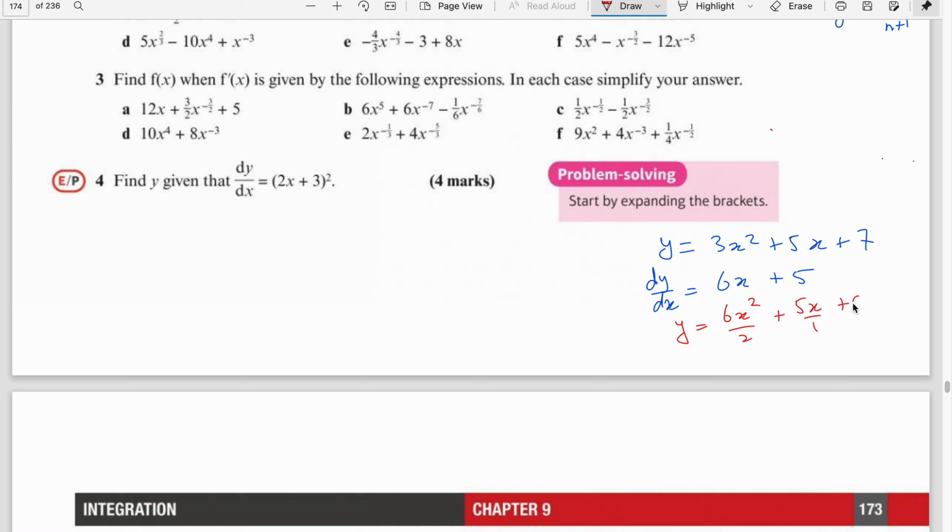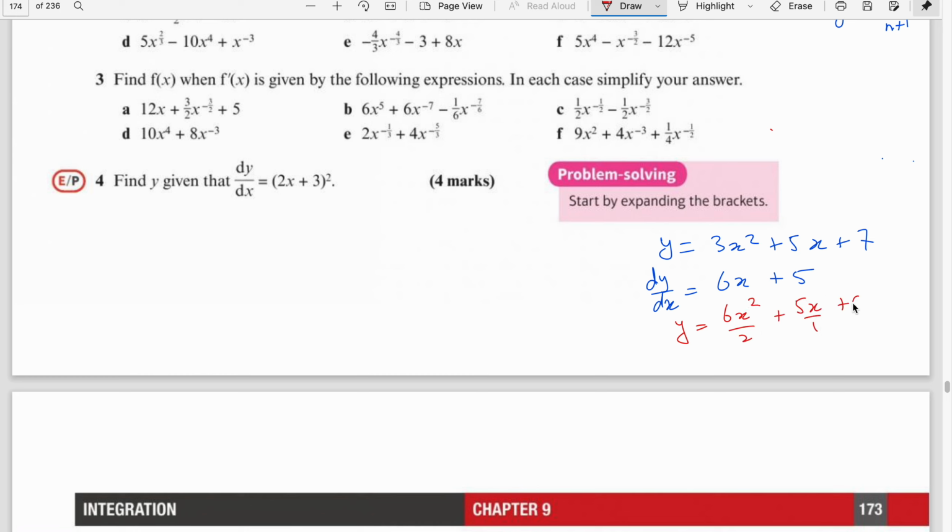For differentiation, it was this way, dy by dx. We bring the power down, we take away 1 from the power, and then we differentiate u and multiply it. That is d over dx of u. But in integration, it is reverse. We add 1 to the power and divide by the new power, and we differentiate u and divide by it.